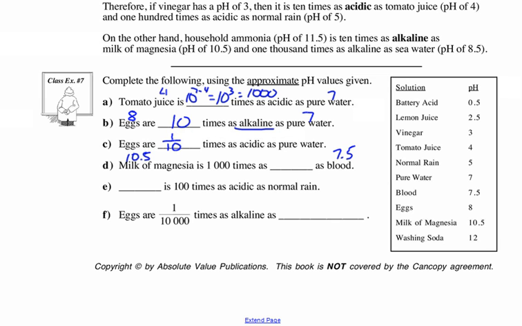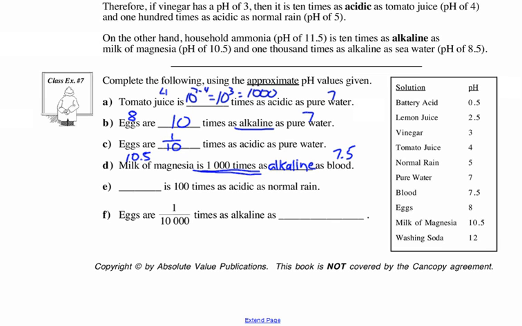It's 10.5. Basic. Yeah. Alkaline, or you could also write basic. That's fine. Because the larger the number, the more basic it is. And we're talking about 1,000 times.